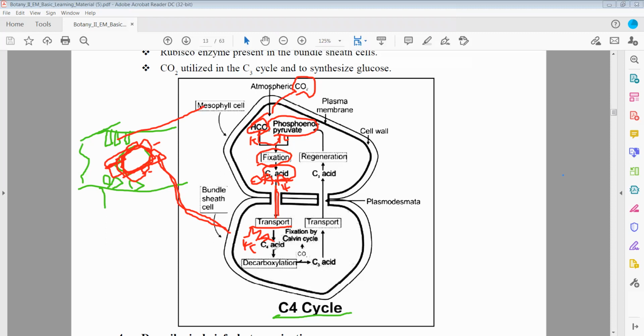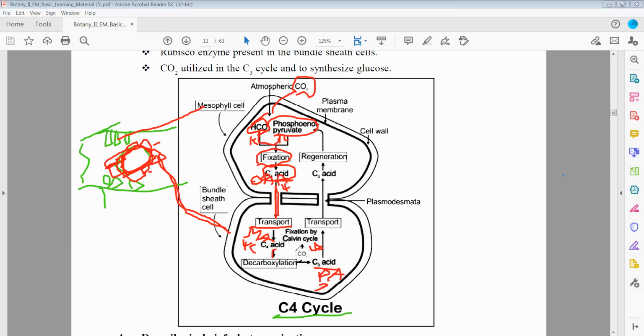After malic acid undergoes decarboxylation, one CO2 is released, and a C3 acid is formed. The C3 acid is pyruvic acid, a 3 carbon compound.